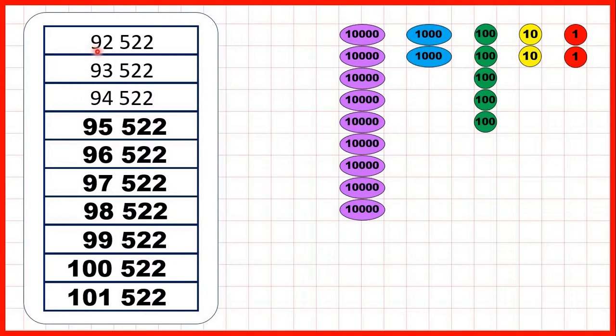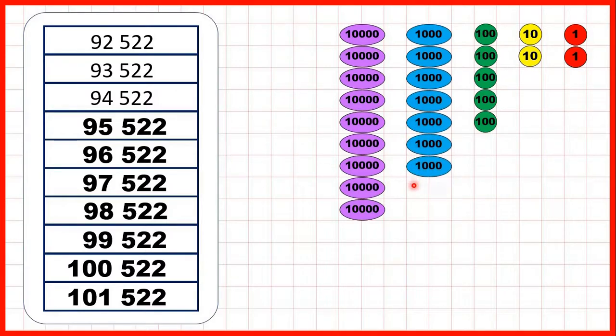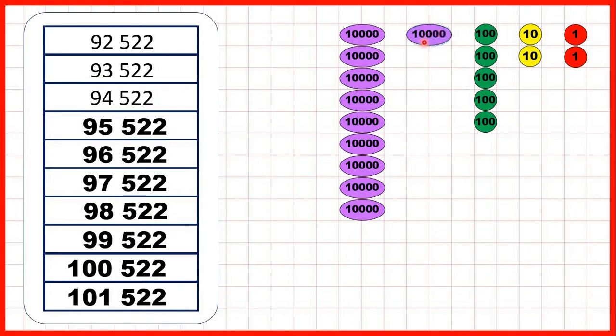So we can show place value counters to represent what we've counted. We started with this first question with 92,522. So that's 9 10,000s, 2,000s, 500s, 2 tens, and 2 ones. We were counting in thousands, so we can add a 1,000 counter each time. But then, when we get 10 1,000 counters, we need to exchange those for 1 10,000 counter.